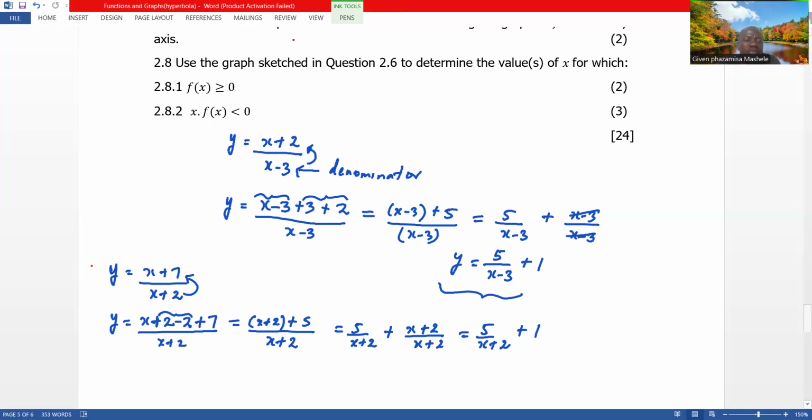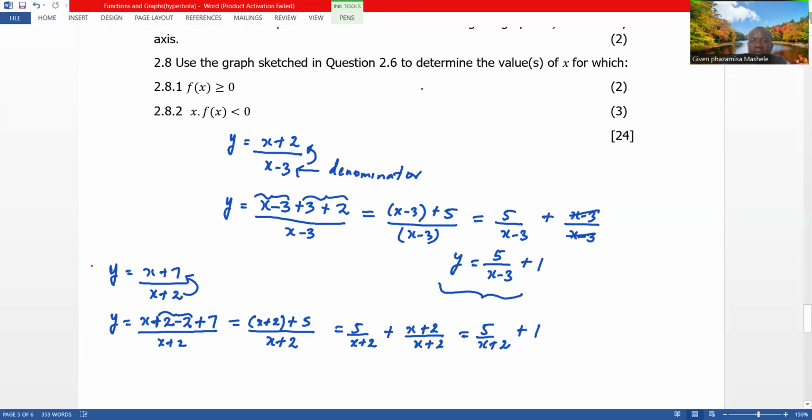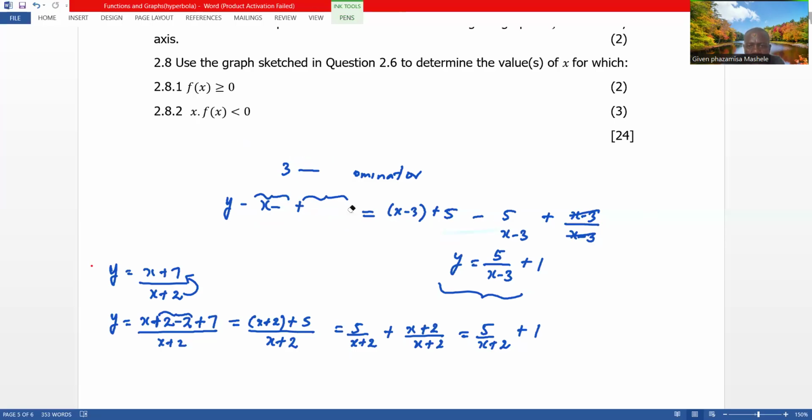Another way to do this, let me write this equation. Let me erase this because I want this to be permanent. I want to repeat it again.